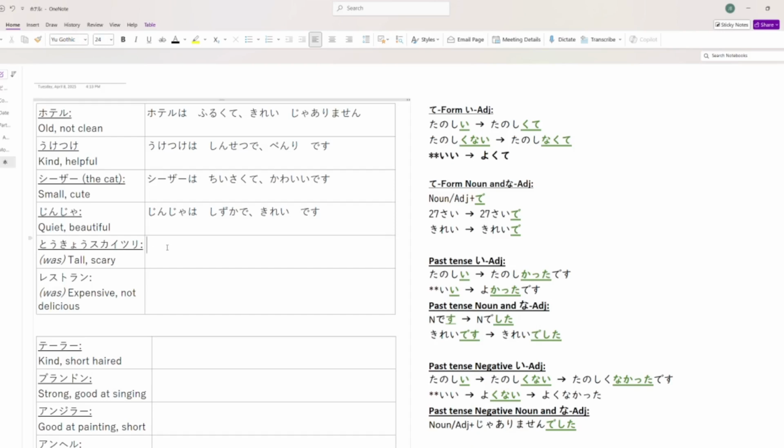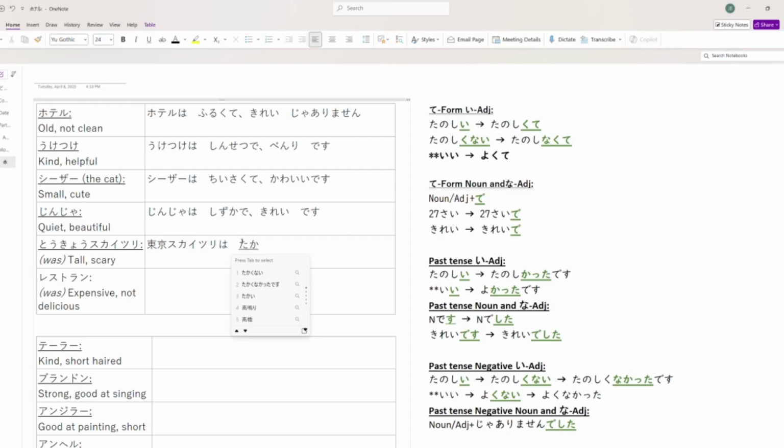This one is Tokyo Skytree. Skytree. That was awkward to say. Sukai tsuri. So just to make this shorter, Tokyo Skytree wa. And then tall, takai. I don't think this is a na-adjective.